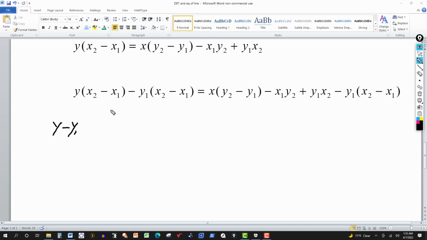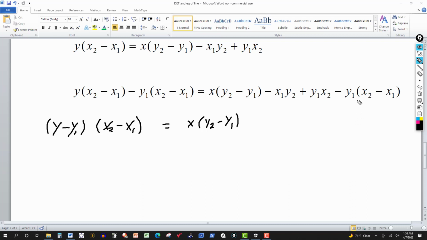And then the common factor, put this in parentheses for now. Factor out the x2 minus x1. And this is equal to x and parentheses y2 minus y1.